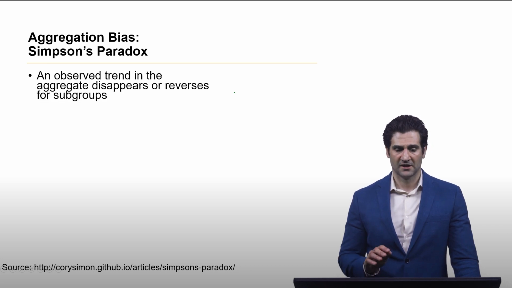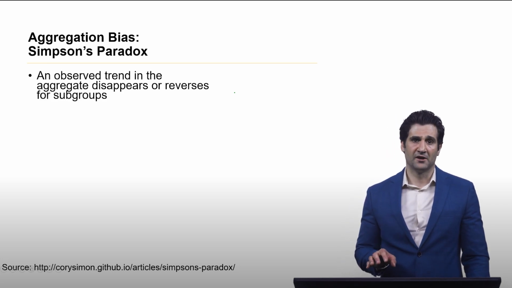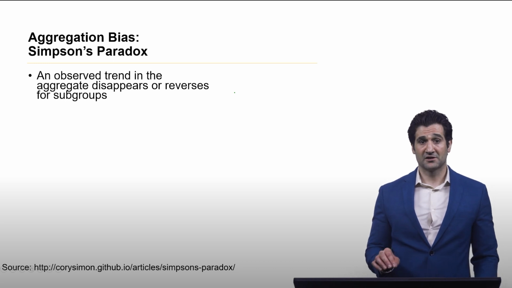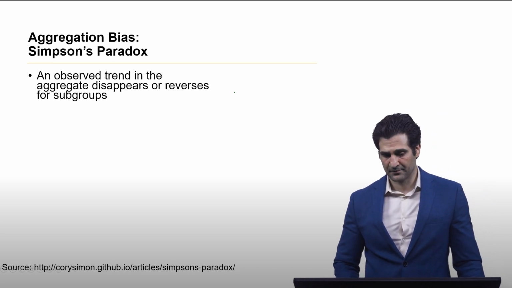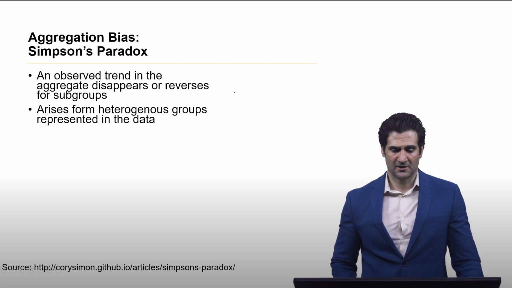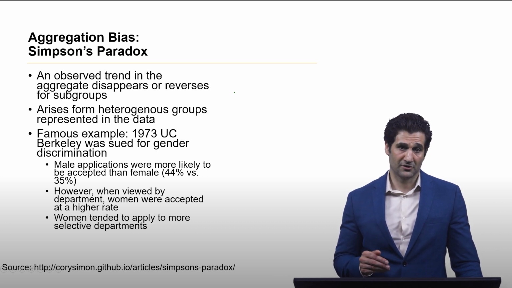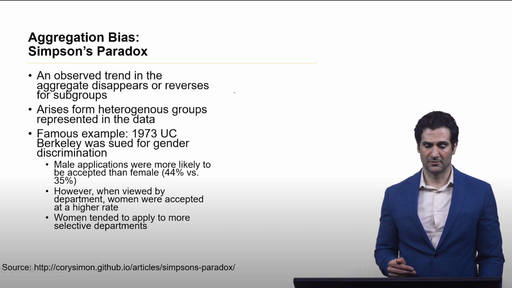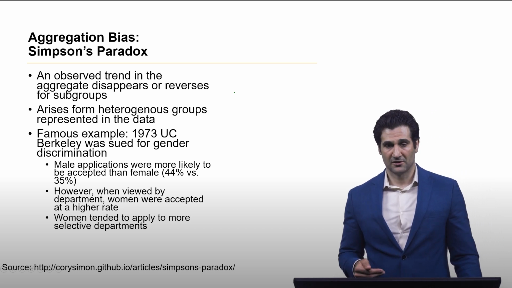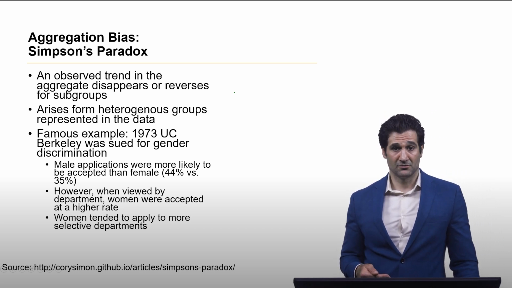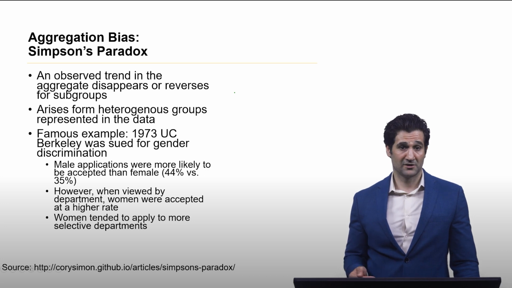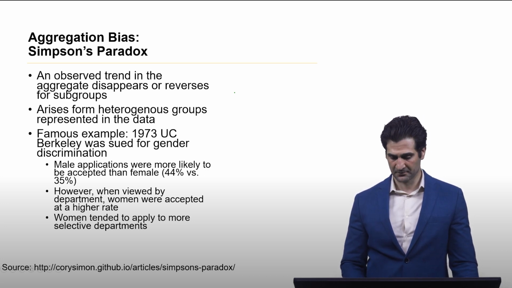Simpson's paradox is where an observed trend that occurs in the aggregate disappears or reverses for subgroups. We'll talk about this with an example. This arises in a couple different cases, but there was a 1973 lawsuit where the University of California, Berkeley was sued for discrimination. The idea behind the lawsuit was that male applicants were more likely to be accepted than female applicants, 44% versus 35%.